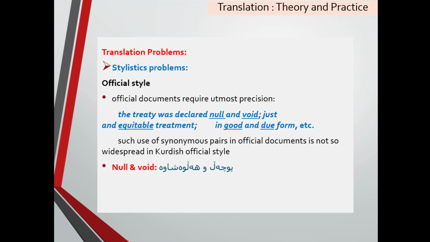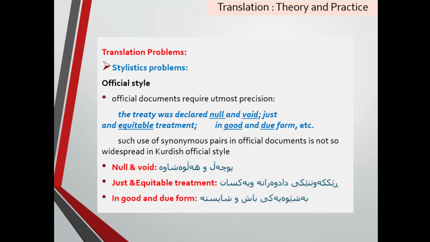Putalu halwashawa. So when the treaty was declared null and void, it means putalbo u halishwashayo. Just and equitable treatment. Rekautineki dadwerano yaksan. In good and due form. Basheweki bashu shaista.